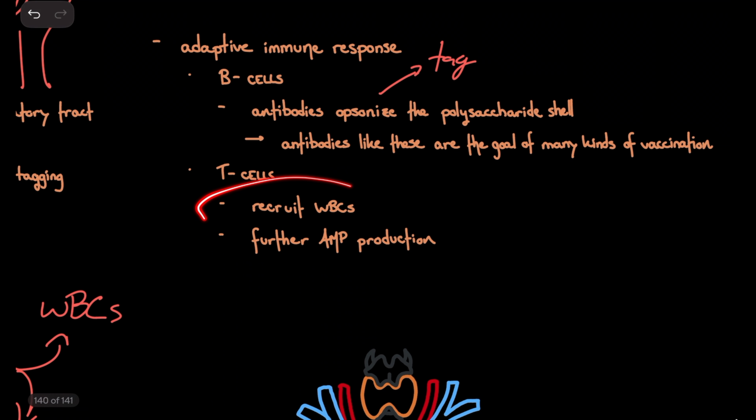And again, your T cells, recruiting more white blood cells, the orchestrators getting more of the right players in the right situations, and that causes more antimicrobial production. So these guys are helping us out once they get activated, once the innate system recruits the B and T cells that are meant to fight pneumonia.